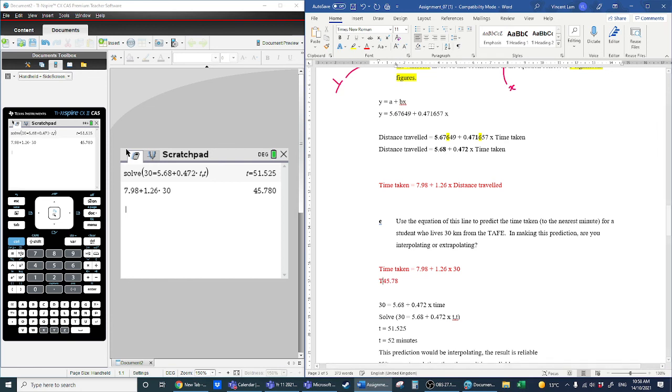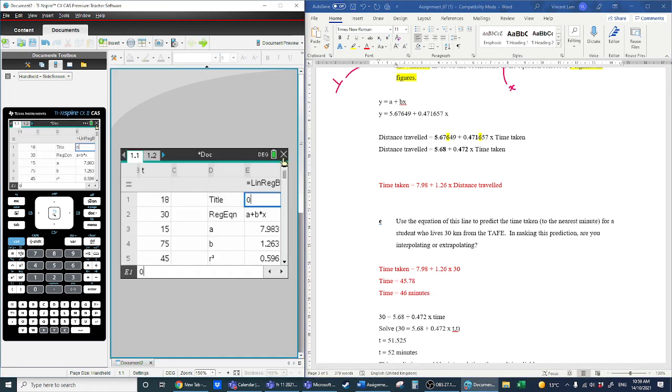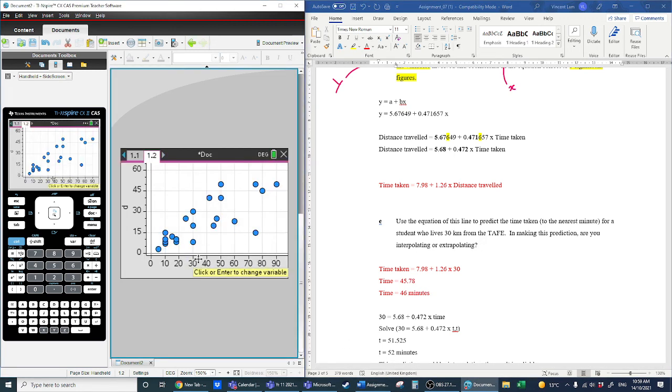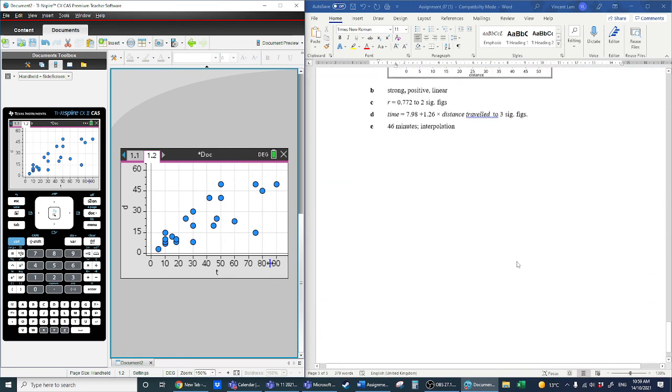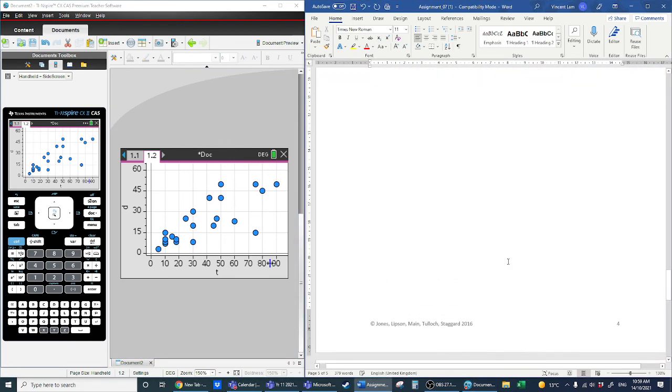So that's the time. And we need to round to the nearest minute, so that'll be 46 minutes. 46 minutes is still interpolating because there it is, 46 minutes. Yep, right, everything else is right.